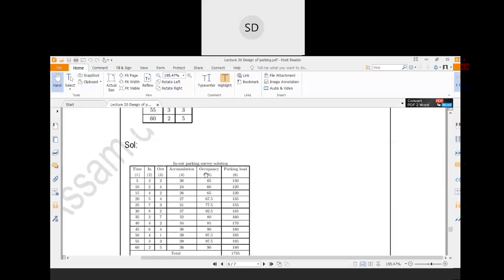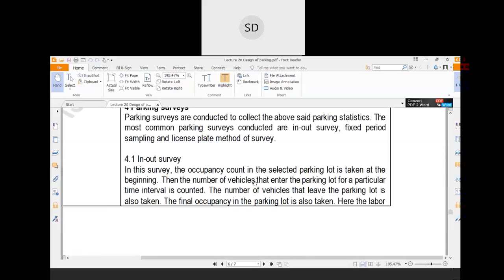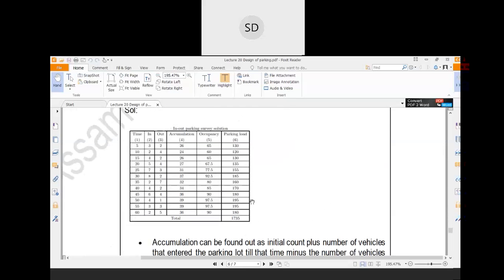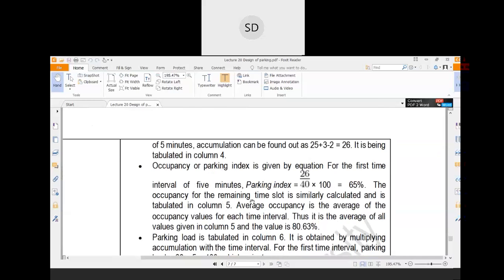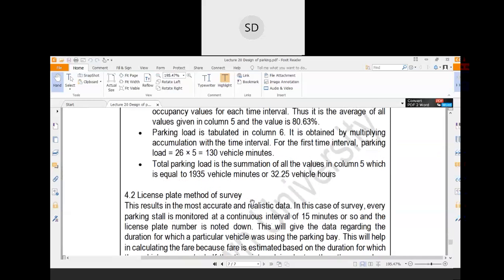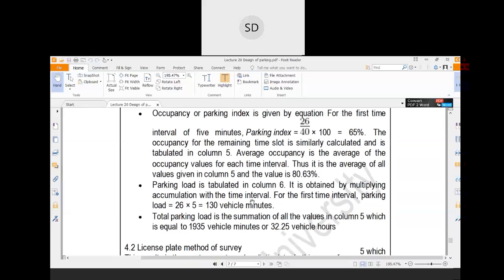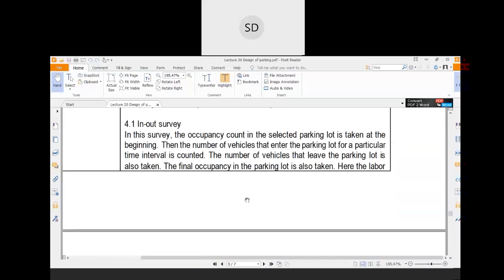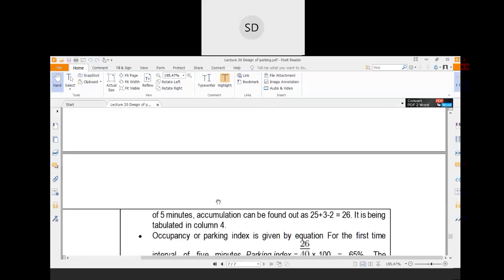Then you have to find out the occupancy and parking load using the formula provided over there, and in this way you can find out all the traffic statistics data. Okay, this is a numerical, you just go through it, this is not so important. You just have to go with the formulas, put the values over there and you will get all this data.